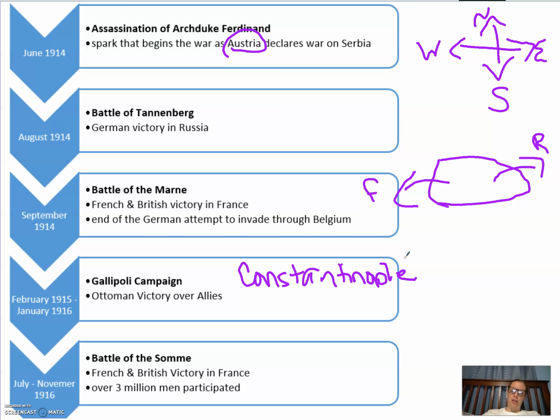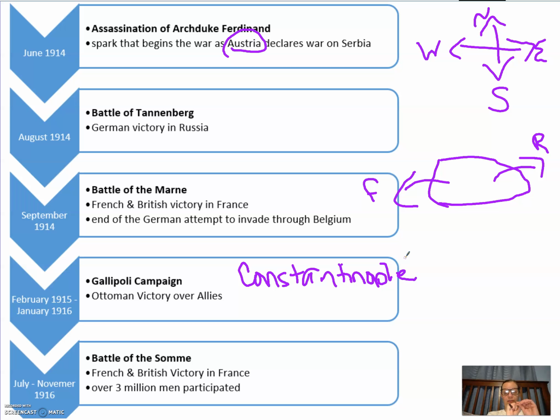He's fairly young early in his career, and he comes up with this amphibious assault where the British lead the Allied forces in an attack of the Ottoman Empire, thinking that they could defeat the Ottoman Empire very quickly, gain control of Constantinople, and have a massive entrance port into southern Europe.